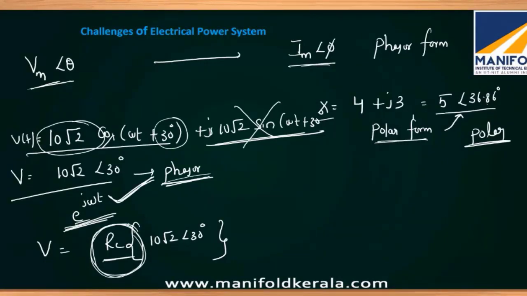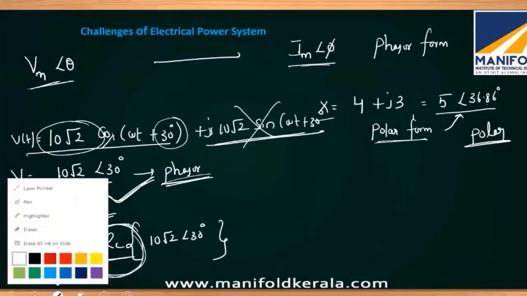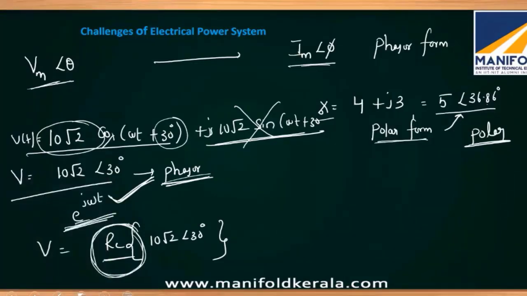So anybody having any doubt in this one, you ask. So far, if you are able to follow, well and good. Even if you don't understand, remember that the procedure to convert the time domain voltage and current into phasor domain is to take the magnitude and the angle.